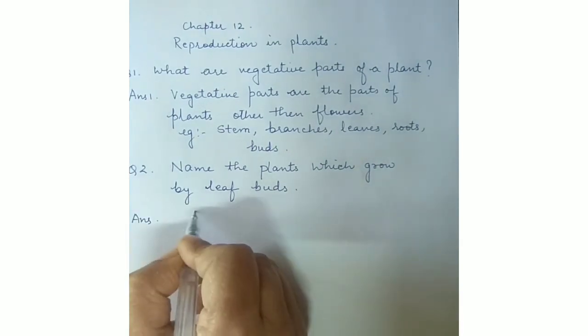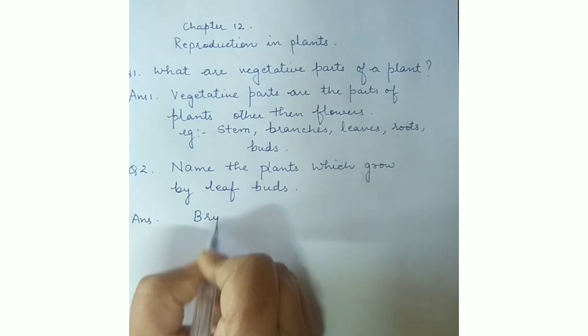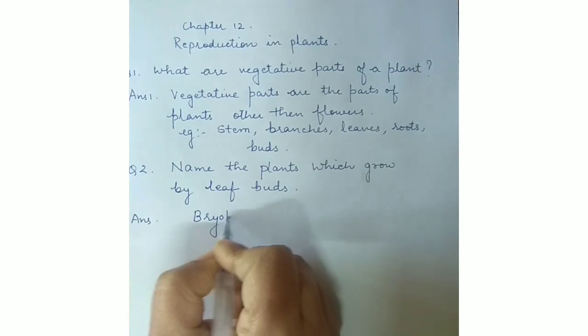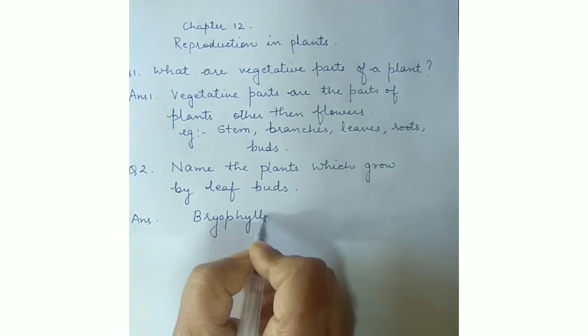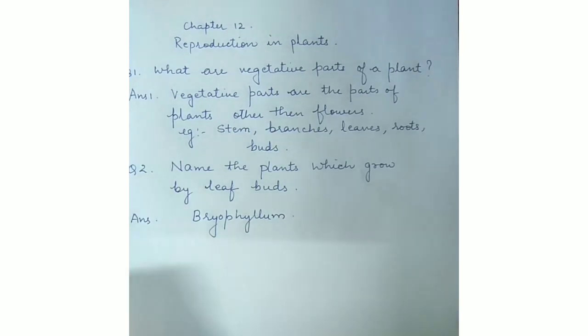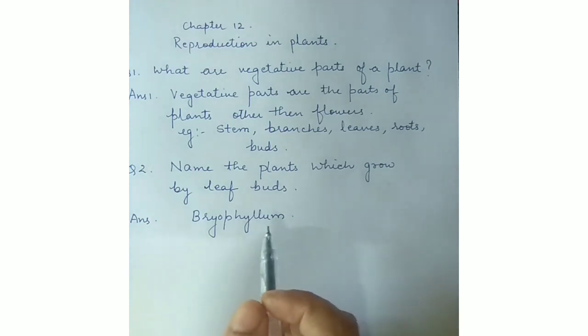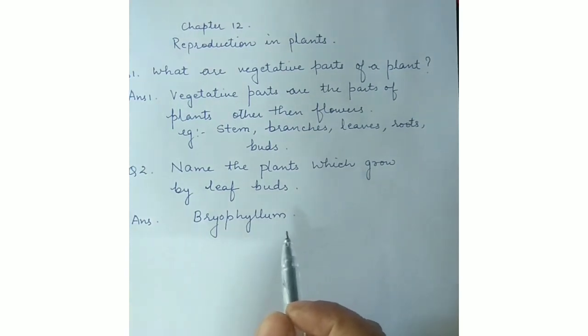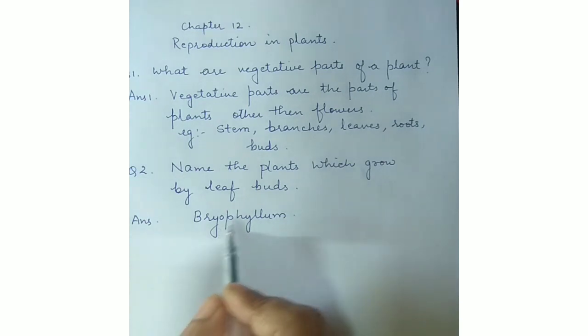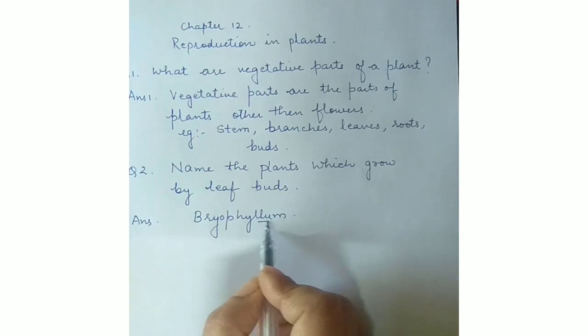Your answer is bryophyllum. Okay. In this plant, the buds having adventitious roots arise on the margins of the leaves. When this bud detaches from the parent body and mixes into the soil, it gives rise to a new plant. This is bryophyllum.